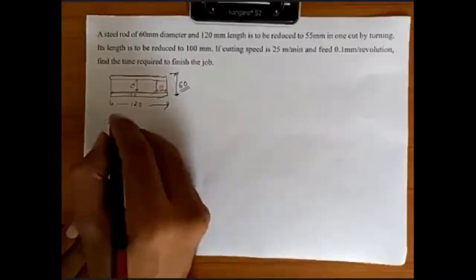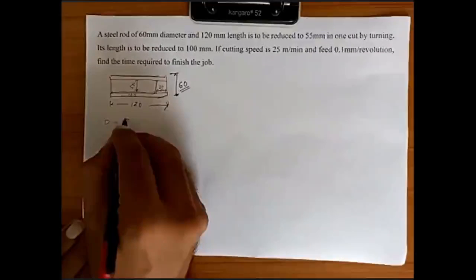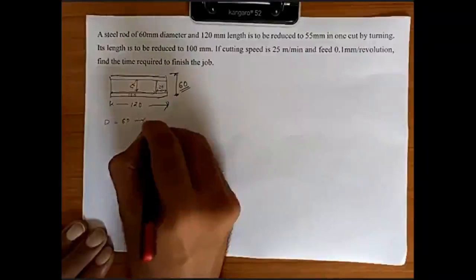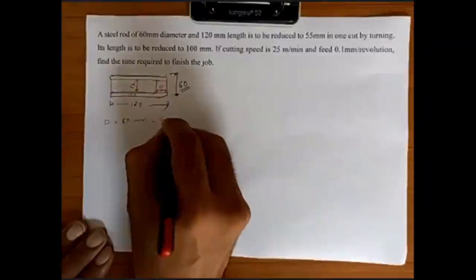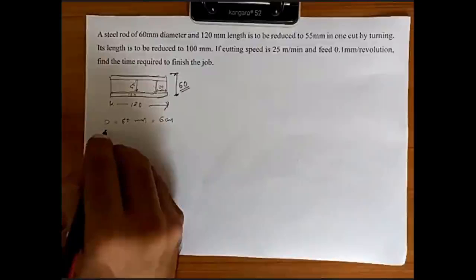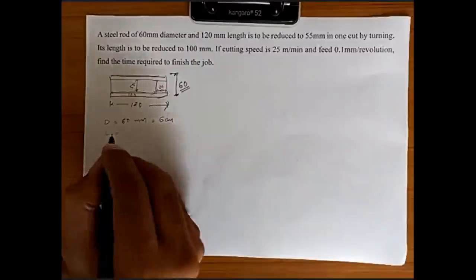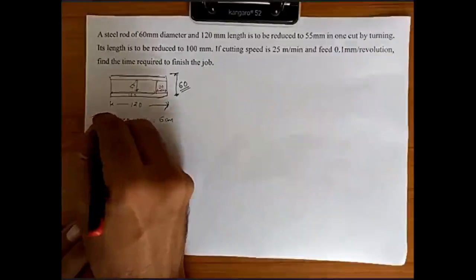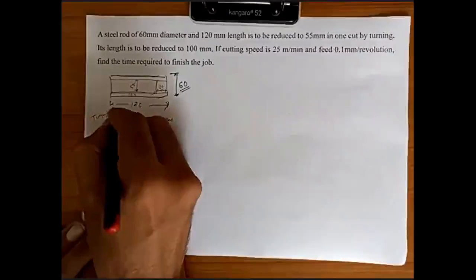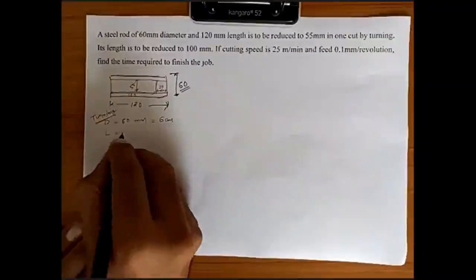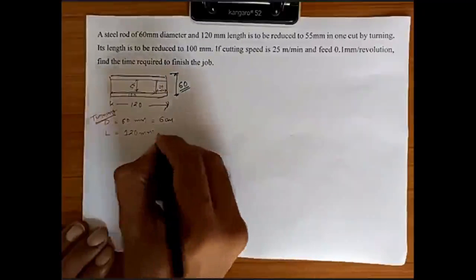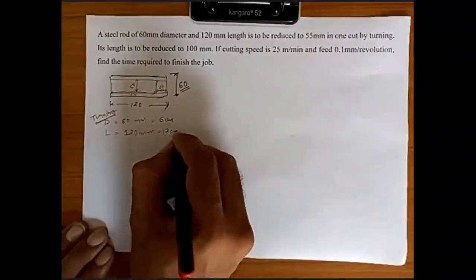The D is equal to 60 mm, convert 6 centimeter. So length L, this is the turning operation, length L is equal to 120 mm, 12 centimeter.